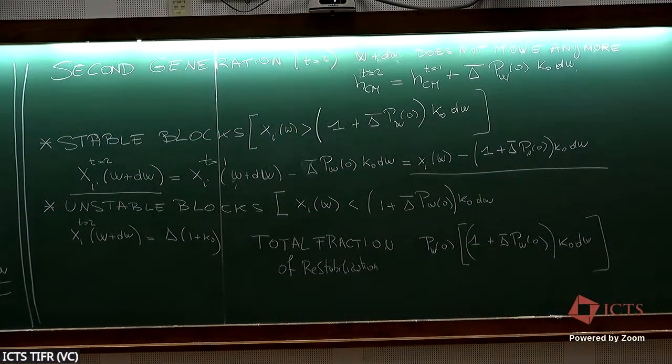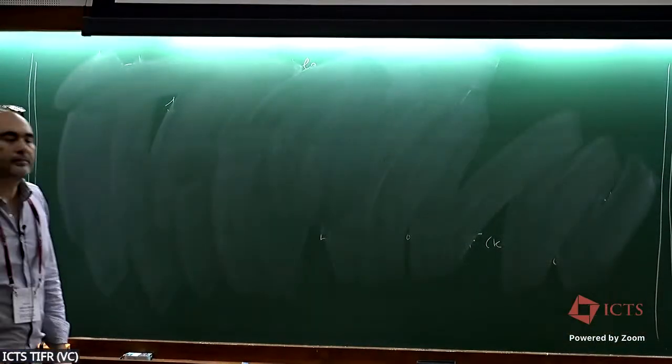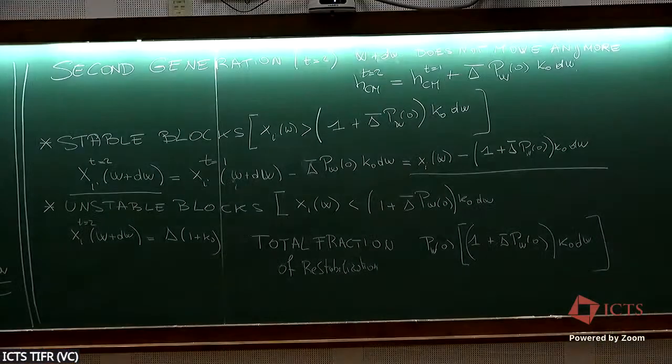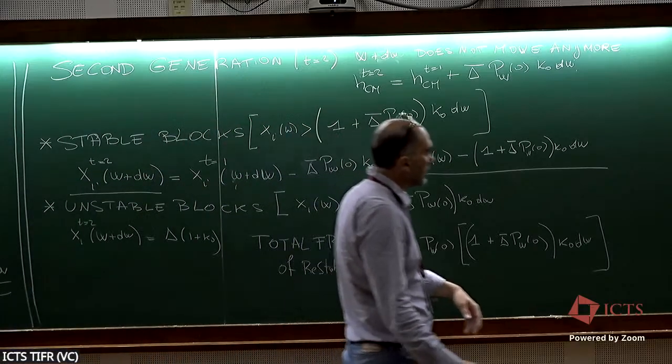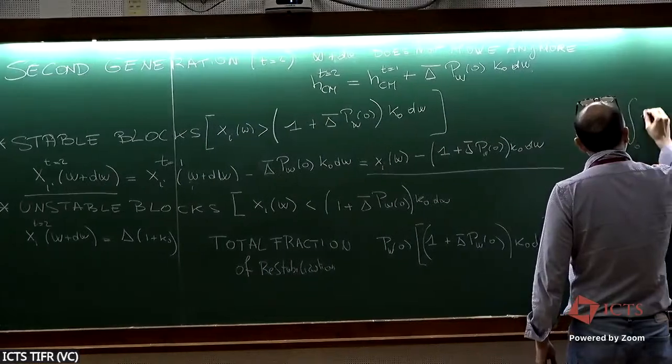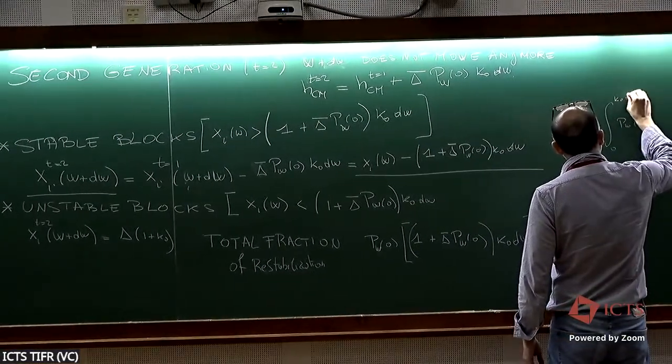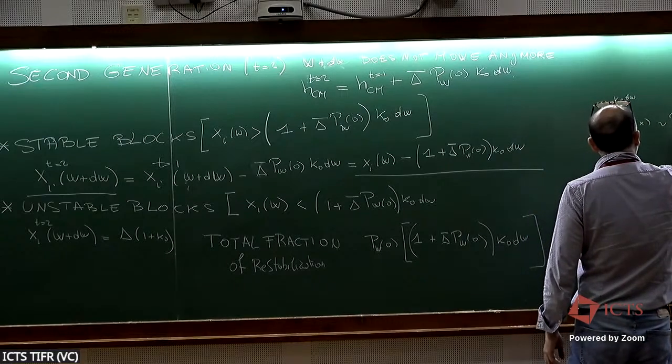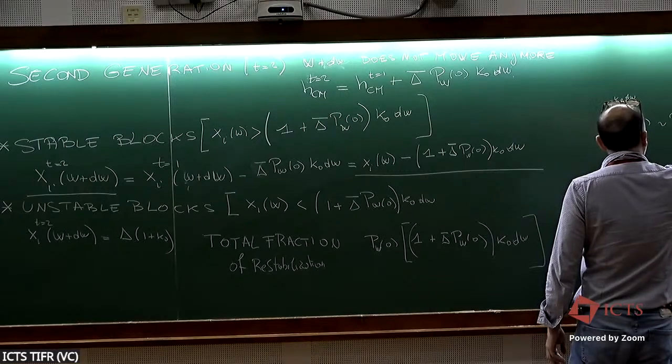So let me erase here. Yes, because again, the key point: every time you compute this object, you should integrate P of W x from 0 to some value, which is, for example, K0 d delta W, and then you approximate it by P0 K0 dW.